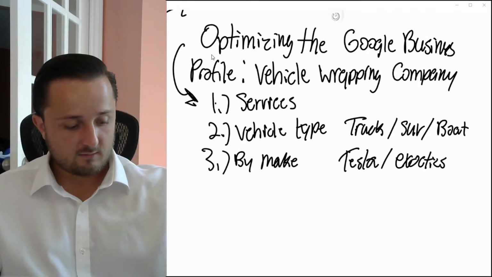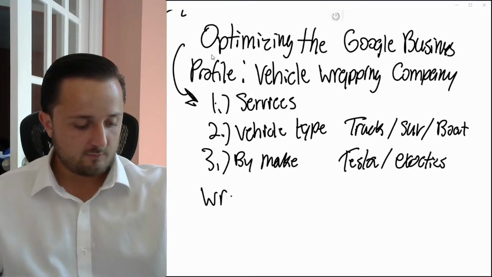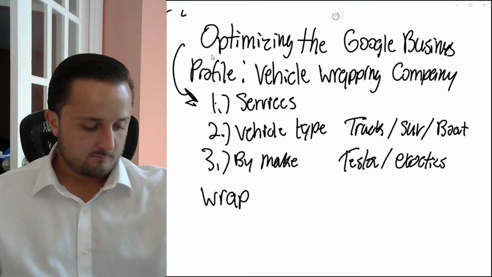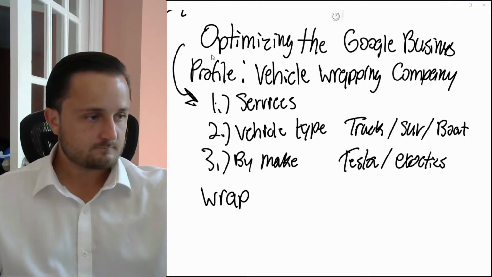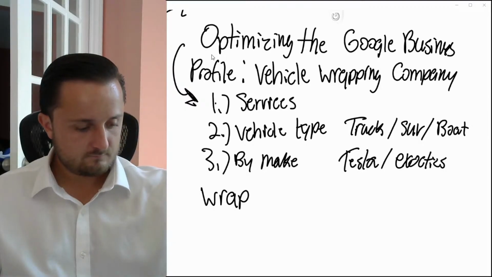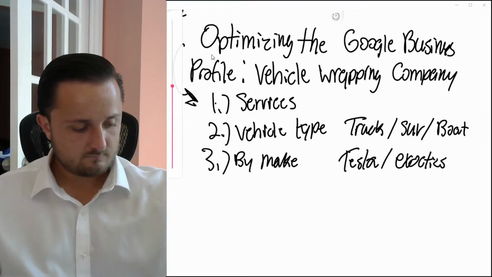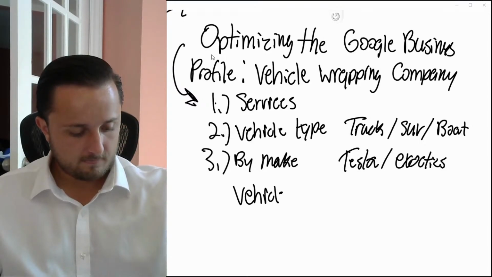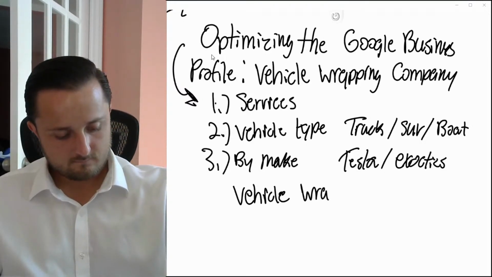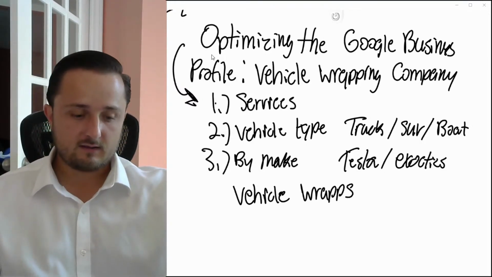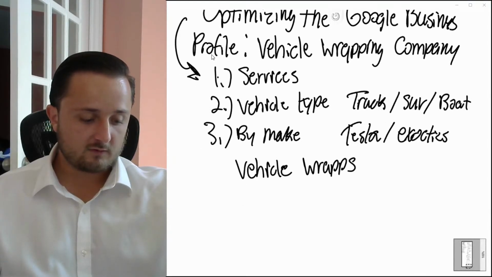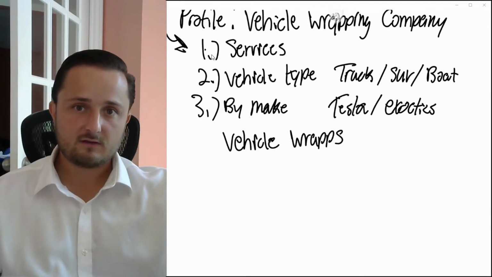So we want to have on the Google Business Profile, as a service, vehicle wraps, right? Not only that, then we want to start talking about the vehicle type.